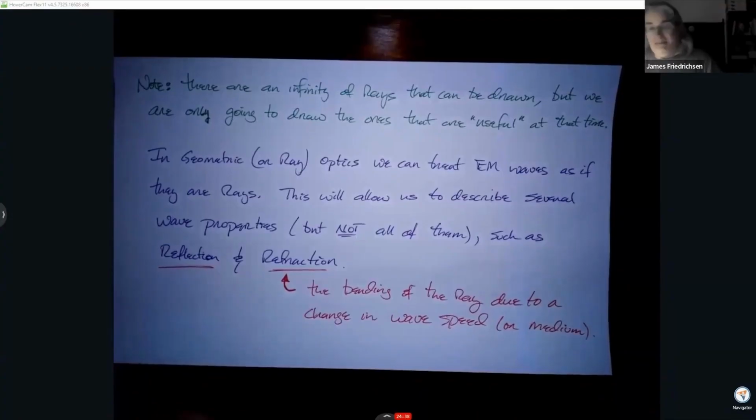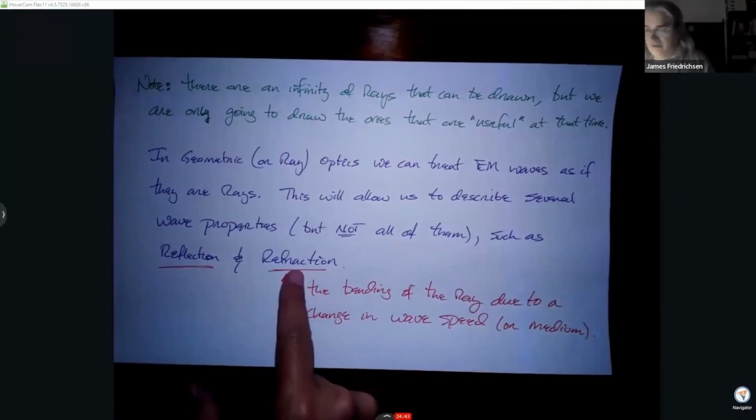And therefore, what will happen is that in general, the direction of the ray will change. And so this is called refraction.